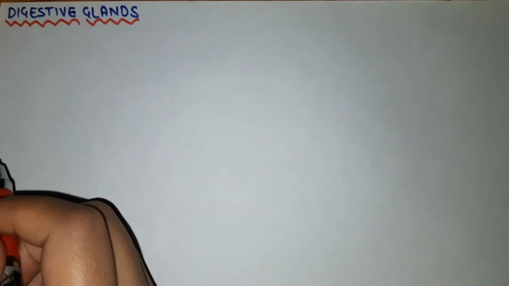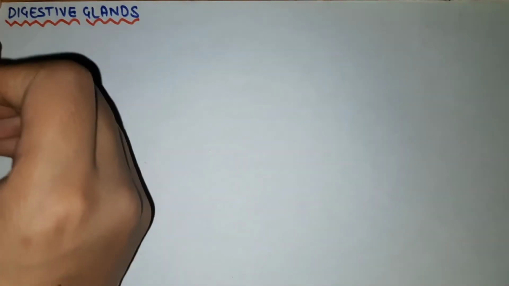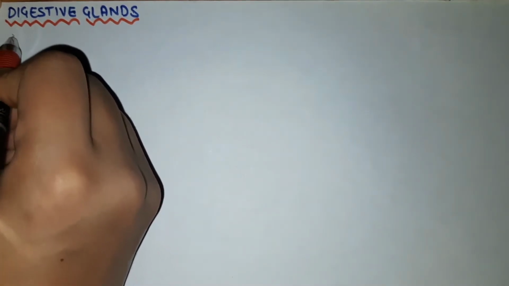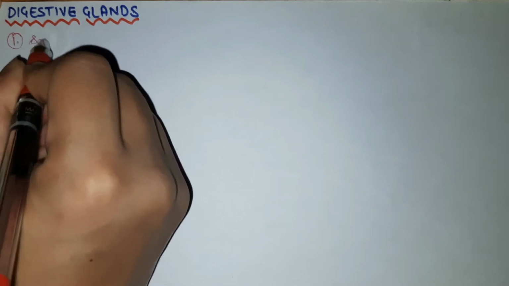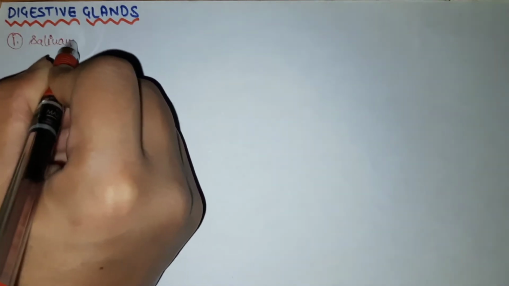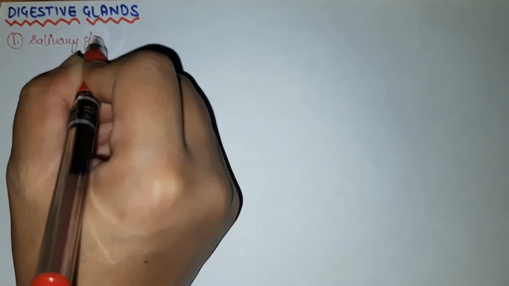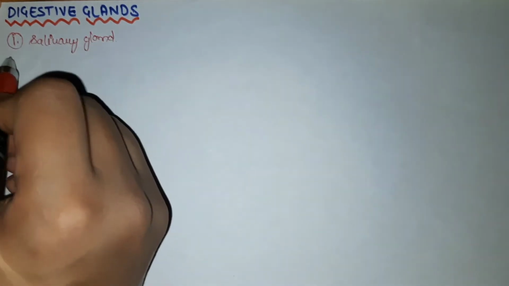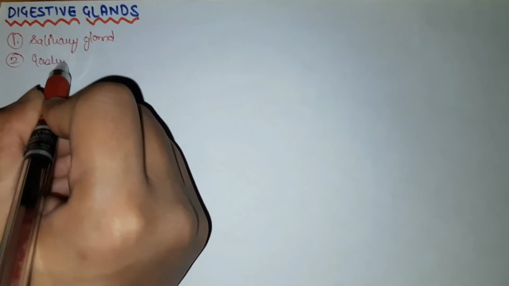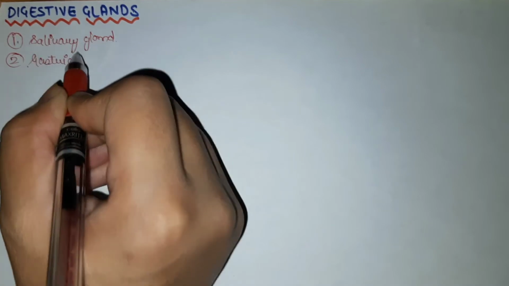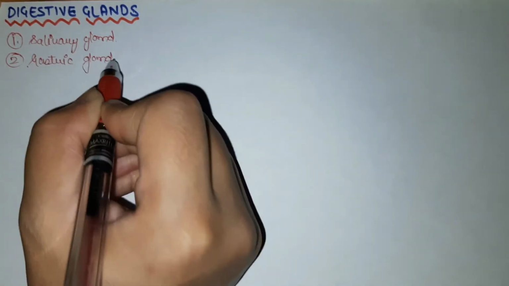The major digestive glands in your gut, or the alimentary canal, are, firstly, the salivary gland, which majorly secretes your saliva. Thereafter you have the gastric gland, gastric being related to the stomach.